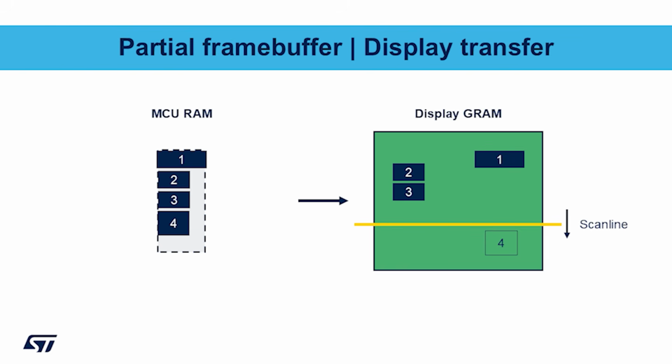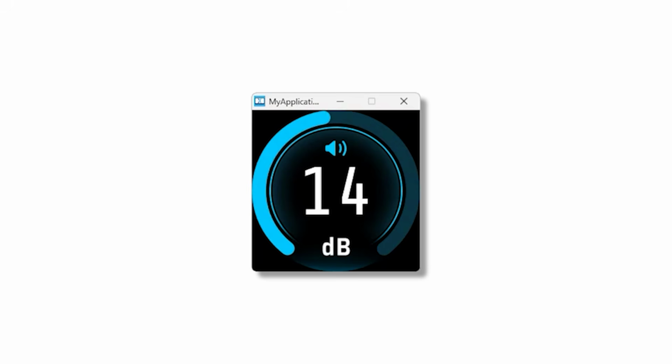In fact, let's see how TouchGFX renders a partial frame buffer looking at the simulator in TouchGFX Designer. You can see here that I have a GUI for a round display. As I adjust the volume in the GUI, I use the F2 key to highlight the parts of the frame buffer that TouchGFX updates.